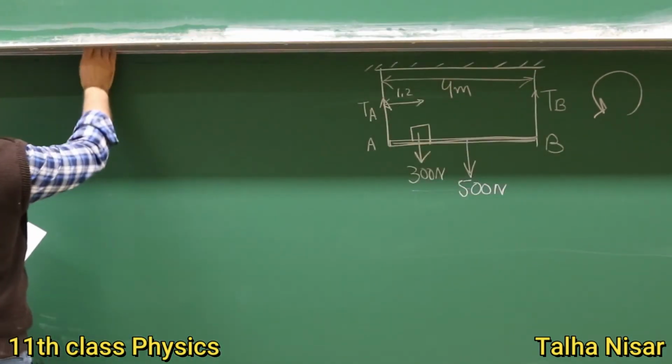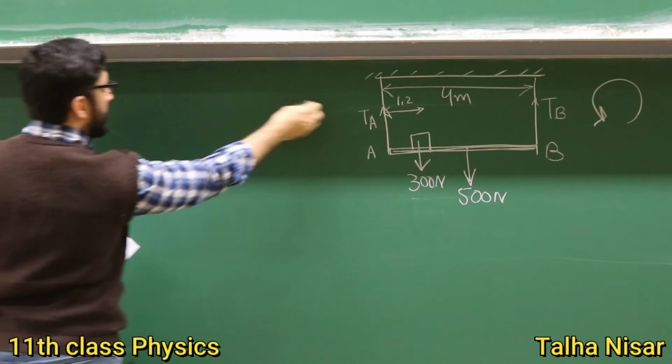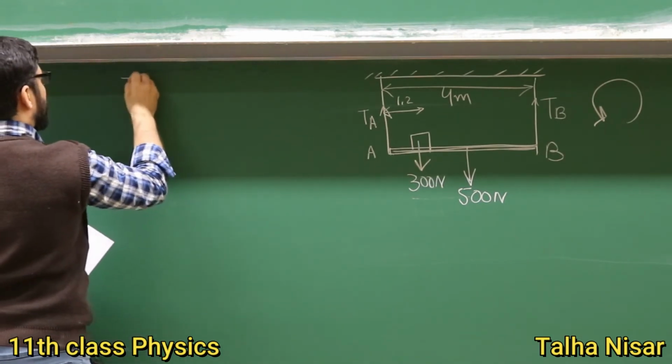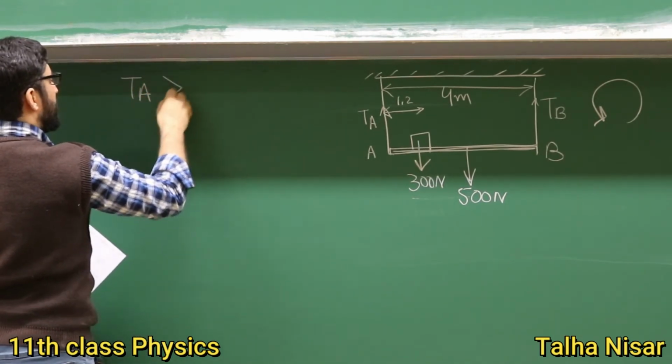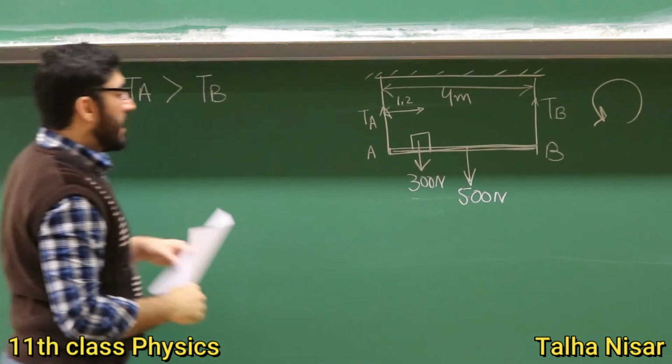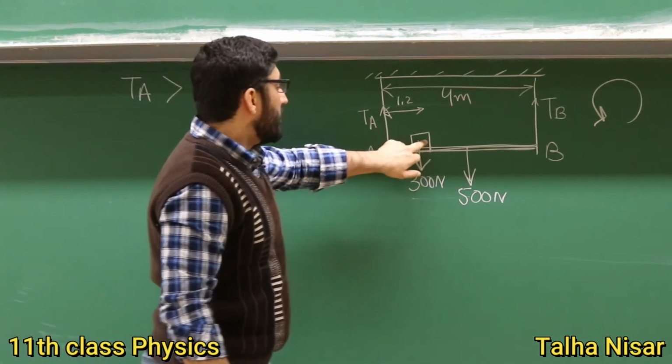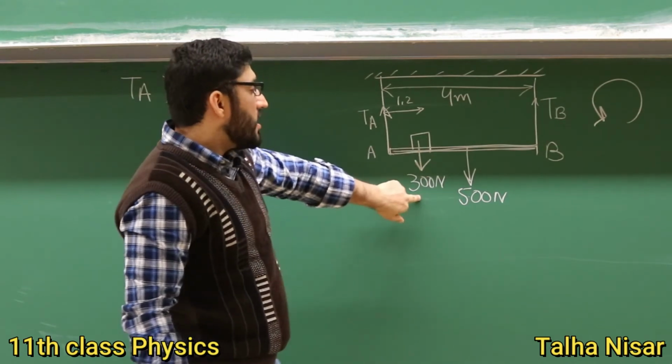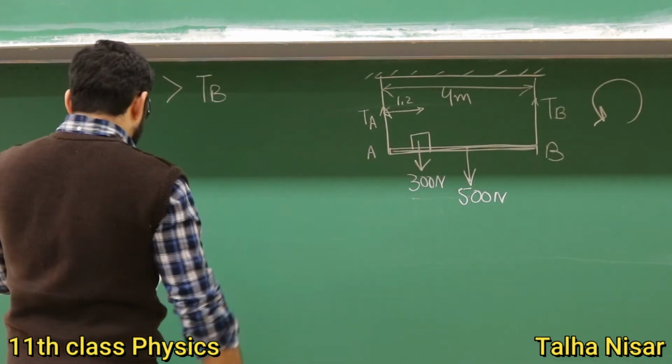So the first thing that we know in this system is that TA is larger than TB. Why? Because we have an additional weight here, which is 300 newtons.